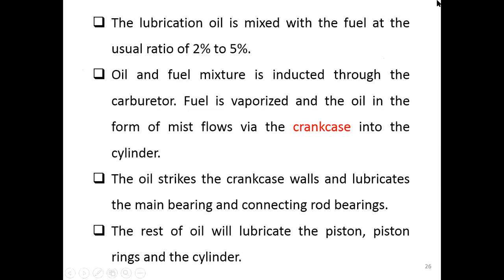Okay, so the way the system works is the oil will mix with the fuel, and the ratio is usually about 2% to 5%. That means overall, we have 2% of oil in 100% of the oil and fuel mixture.